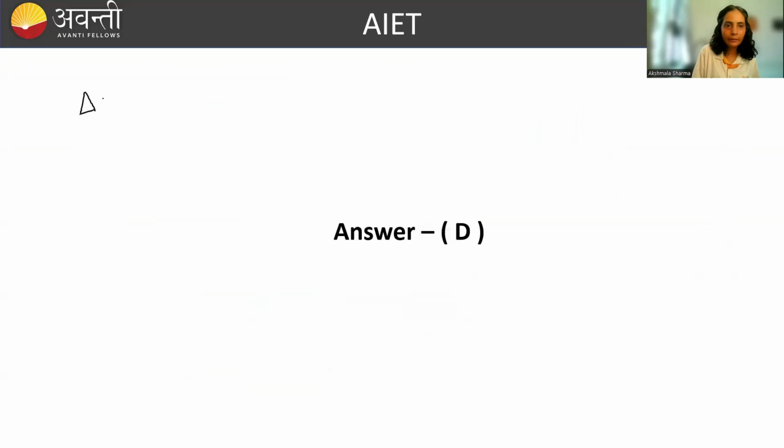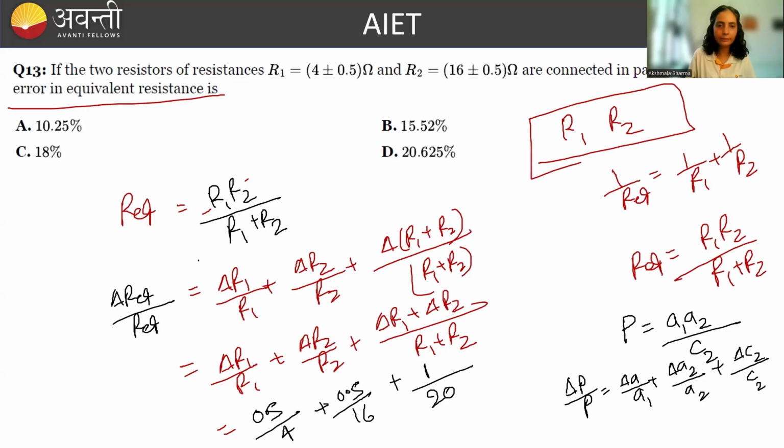So here, delta R equivalent, what will you write? R equivalent into all this. So if you add all of this, how much will it come to? Let's make the denominator the same. So I am multiplying this by 4 and this by 5, and since this is 20, this is 20. How much will it be? 20 into 0.5 will become 10, and this is 2.5, and this is 4.